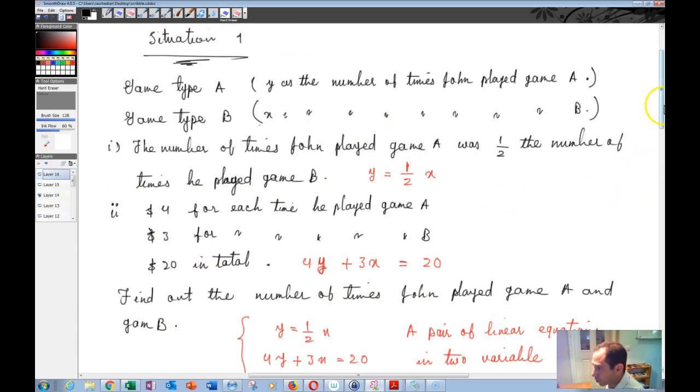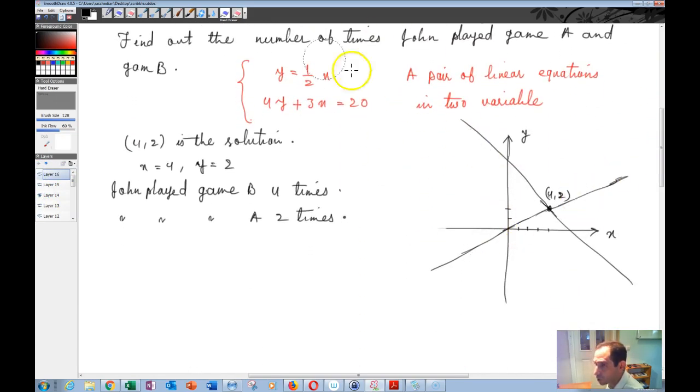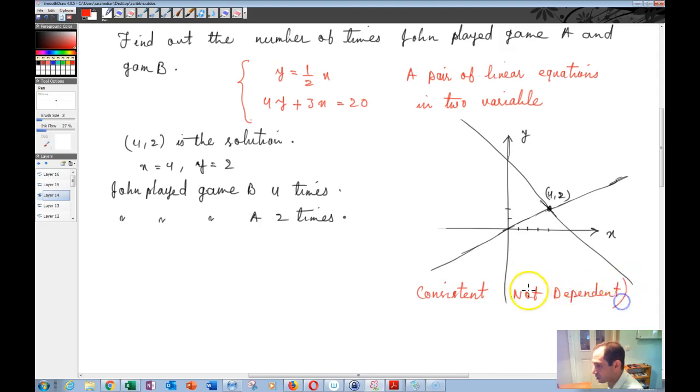In situation number 1, you can see that the two lines are intersecting at this point, and so the pair of linear equations is consistent, and of course not dependent. So here you have consistent and not dependent. Okay, so that is that.